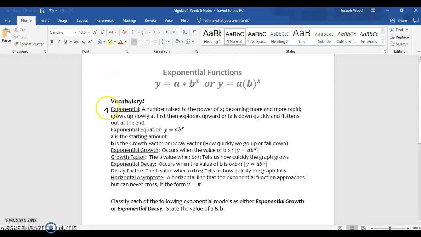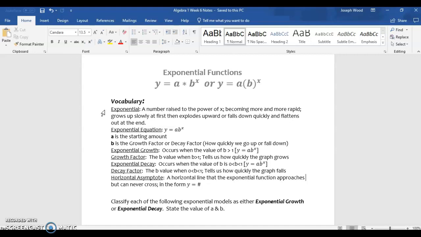Let's just start with the word exponential. We know that something's exponential when it is a number raised to the power of x. We've just finished with quadratic functions, and those were x's raised to the power of 2. But now we're going to flip that, and we might have something like 2 raised to the power of x, or any number raised to the power of x.